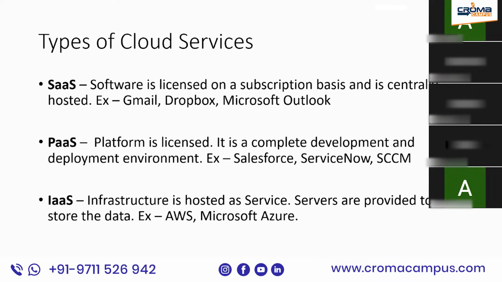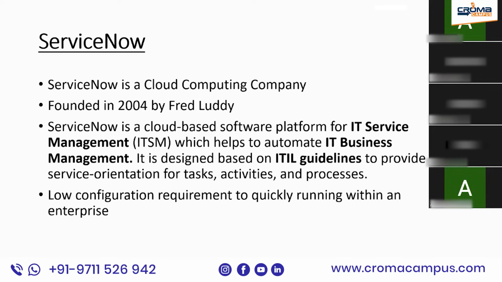But since we are learning about platform as a service, I have kept this short, only limited to these three portions. And since we are concerned with ServiceNow, we are going to understand the basic concepts of ServiceNow and the platform as a service specifications that it provides.